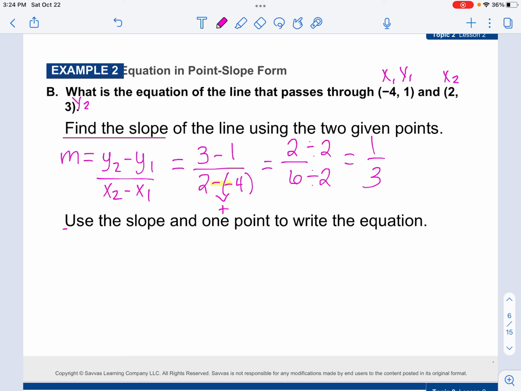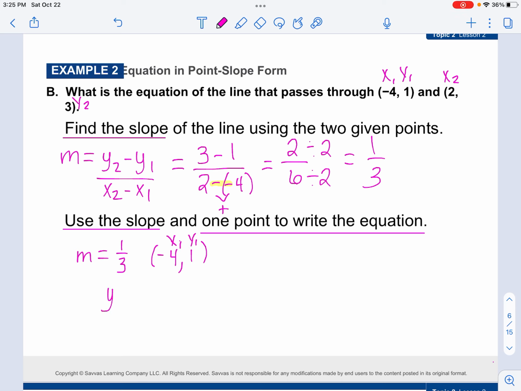Your second step to write the equation is you're going to use the slope and 1 point to write the equation. So the slope we found to be 1/3, and you're going to pick a point. I am going to use the first point I see, -4, 1. That's going to represent my x1, y1.